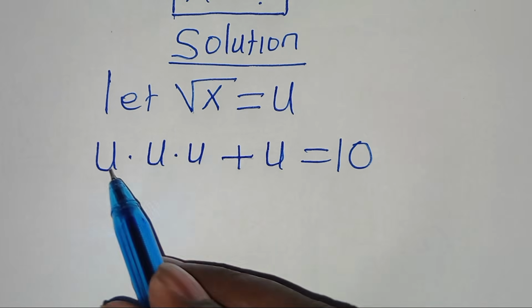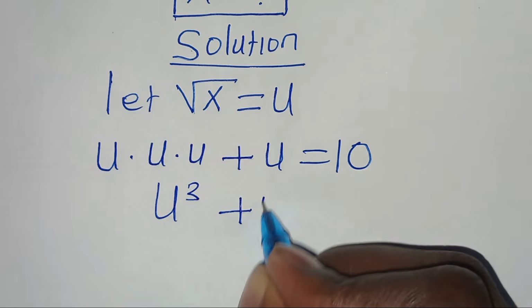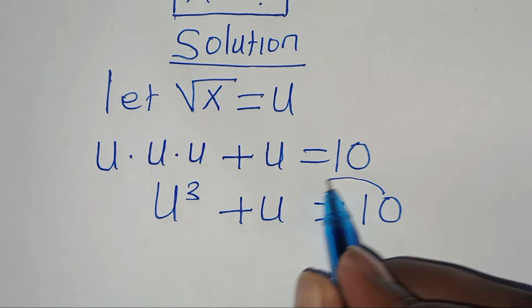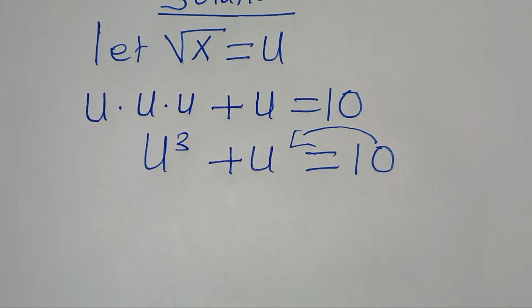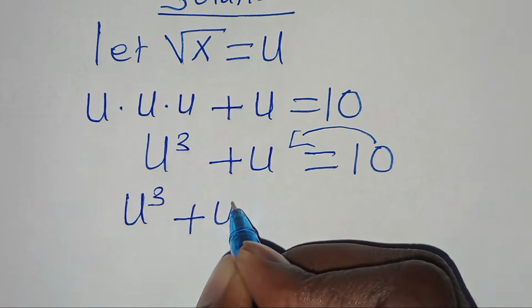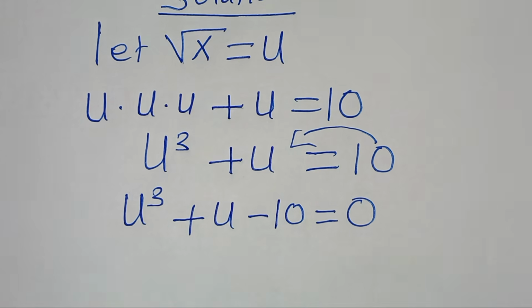So we have that u times u times u is u to the power of 3, then plus u. This is equal to 10. Now let's take 10 on the left hand side so that we have u to the power of 3 plus u minus 10. This is equal to 0.